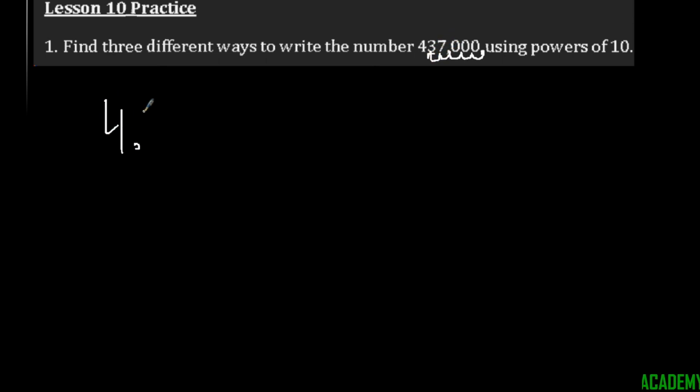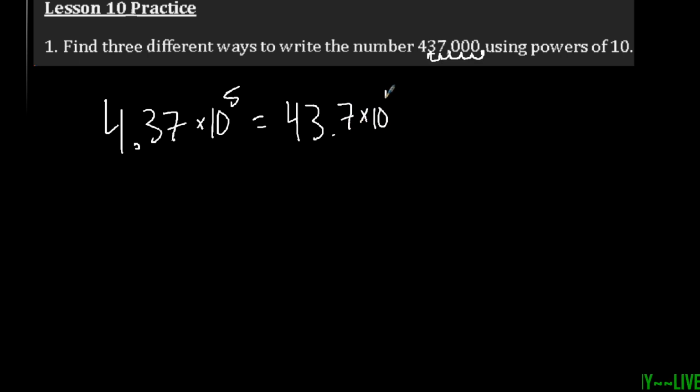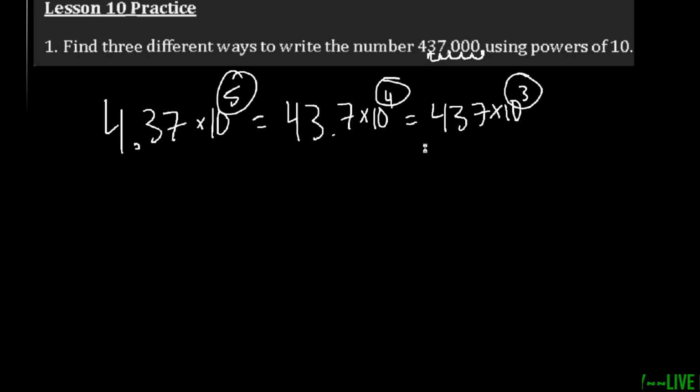So I can have 4.37 times 10 to the exponent of 5. And then if I decrease that by 1 each time, I can move that decimal, so I can say 43.7 times 10 to the 4th power, and I can also say 437 times 10 to the 3rd power. So notice how the exponents are decreasing each time.